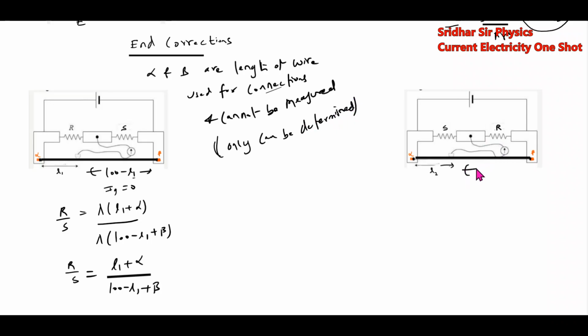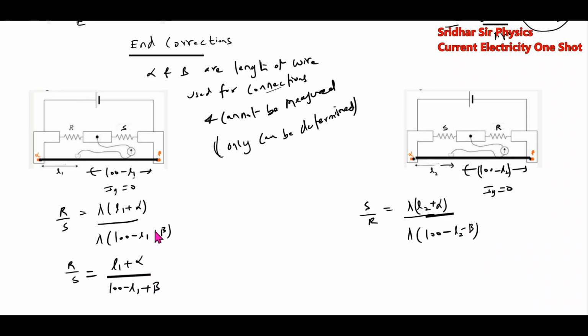Similarly, the current through the galvanometer will be 0. Then S by R equal to lambda into L2. What is the resistance of this? This length L2 plus alpha will be added. So this will become L2 plus alpha is equal to 100 minus L2 minus beta.